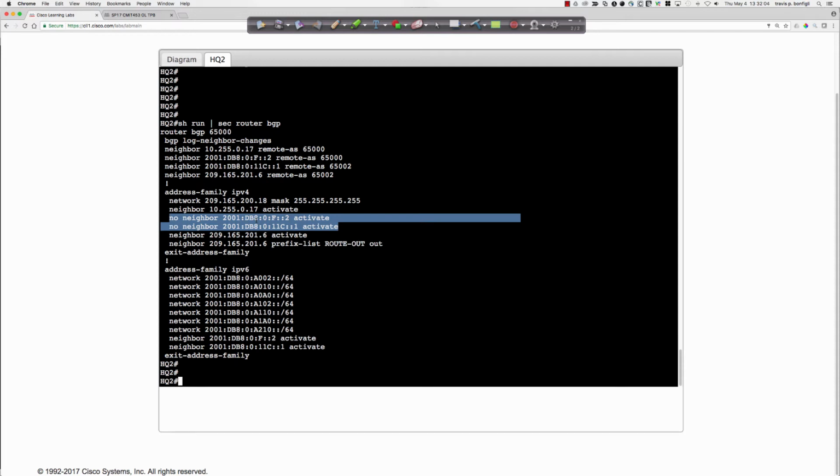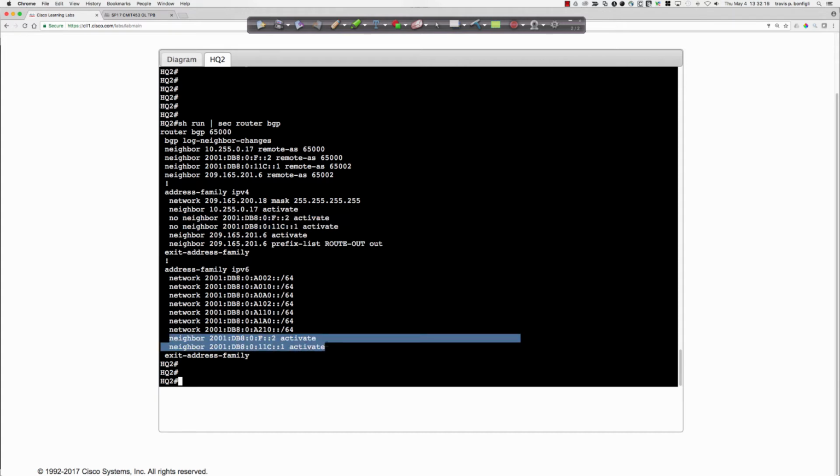So again, it's not 6 over 4, it's not 4 over 6, it's 4 over 4 and 6 over 6, straight up dual stack. We've got our 2 activate statements here. Remember, in activity 19 or challenge 19, one of the issues was we were missing the activate statement for one of the BGP neighbors.